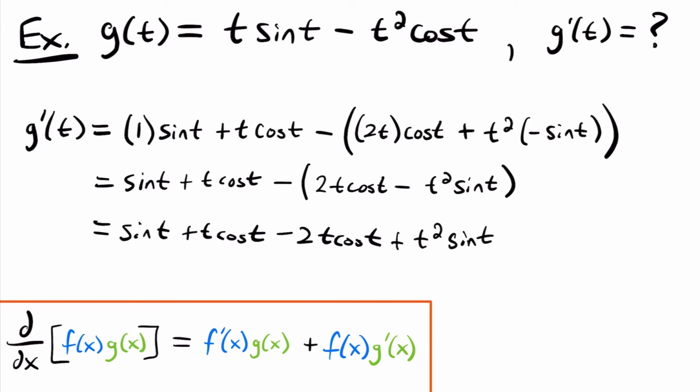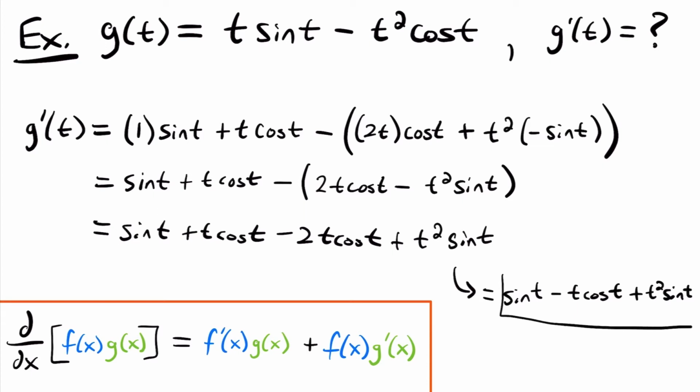And now actually we can simplify this one more time, because these two terms are like terms. We have positive t cosine t and negative 2t cosine t, and that will just become negative t cosine t. So then finally, our answer will be sine t minus t cosine t plus t squared sine t. And that is the derivative of our function in this case.